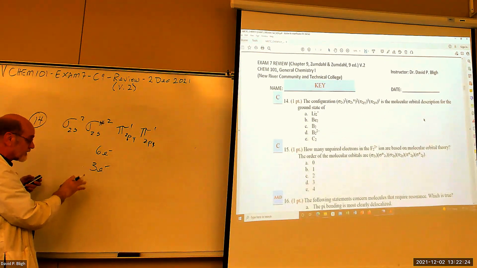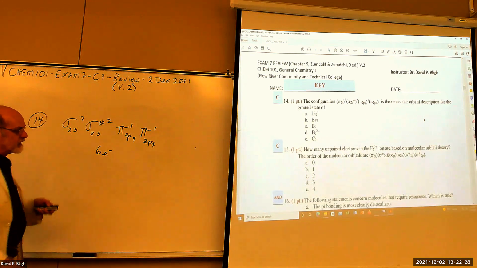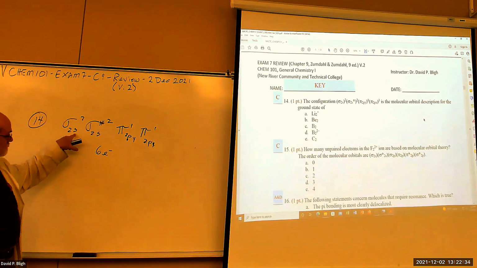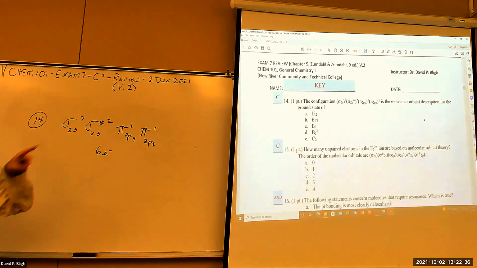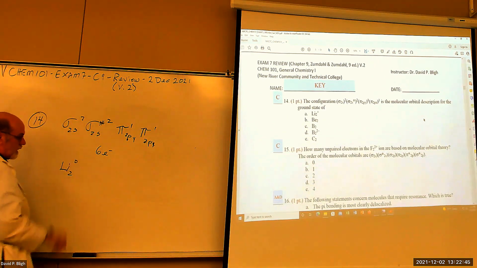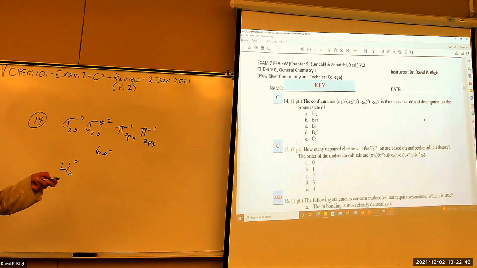It doesn't matter. We have 6 electrons total. How many of these have 6 electrons? Well, lithium, and we're talking about valence here only. We're already up 2. Lithium has 6 electrons in its ground state, but that's not here.